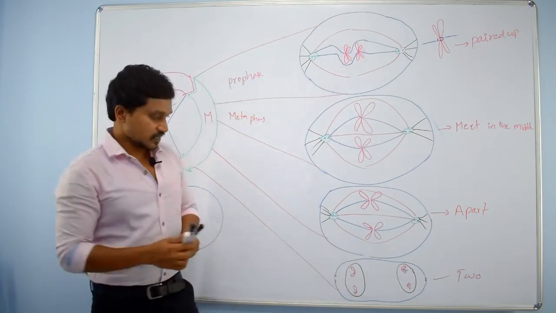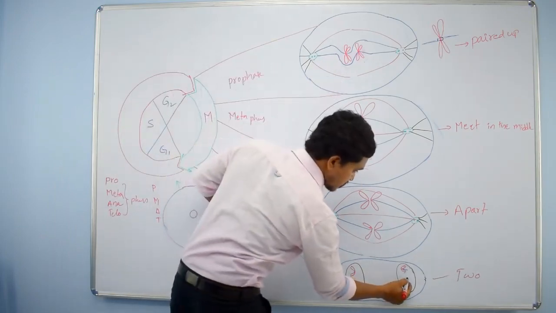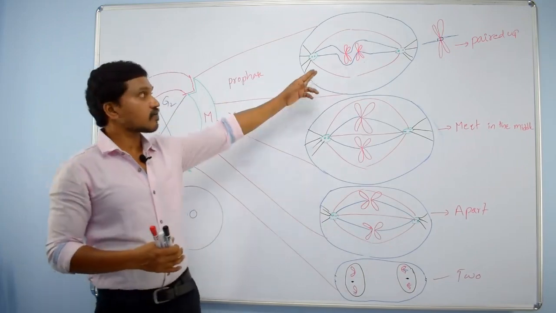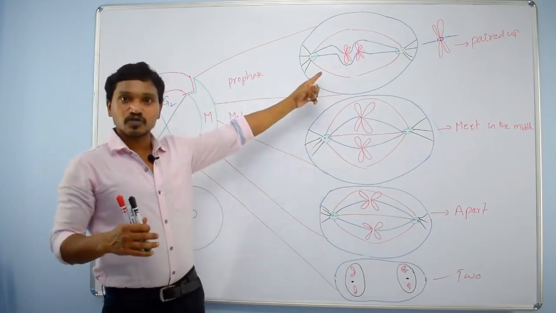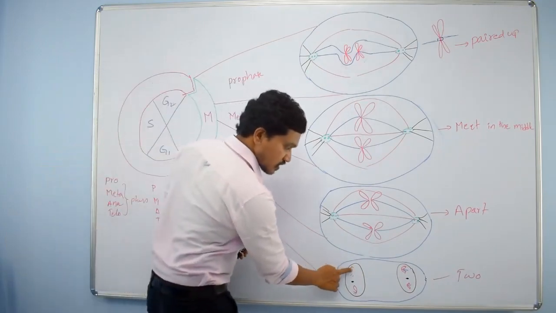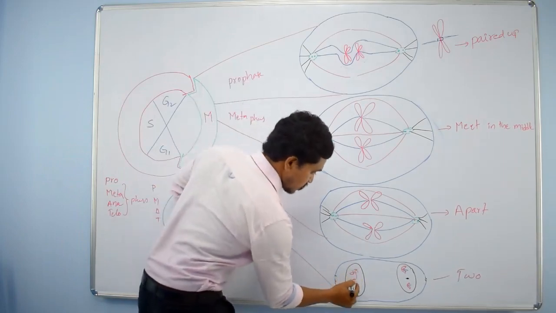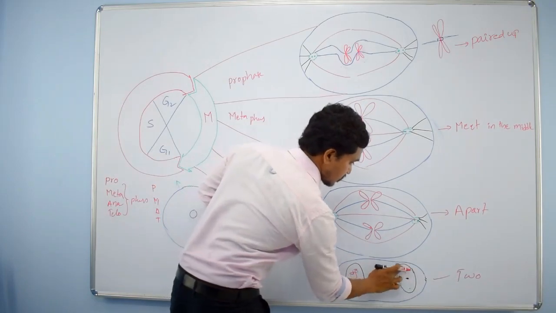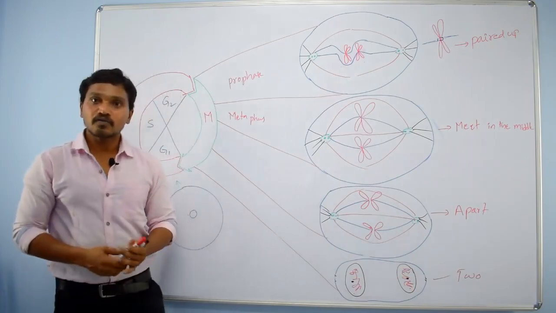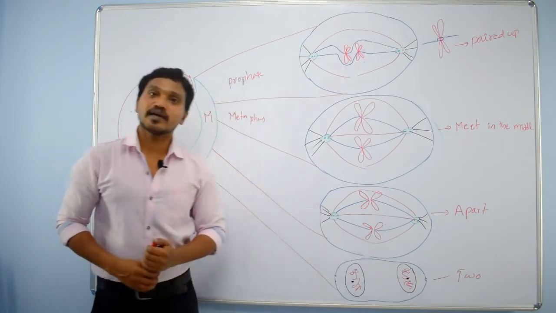Clear? Then reappearance of nucleolus. Right? Then here what has happened? Condensation of chromosomes, no? Here decondensation of chromosomes. Now we cannot see the structure like this, we can just see chromatin threads. Right? So here chromatin threads. Clear? Now something became 2 here. What? 2 nuclei.